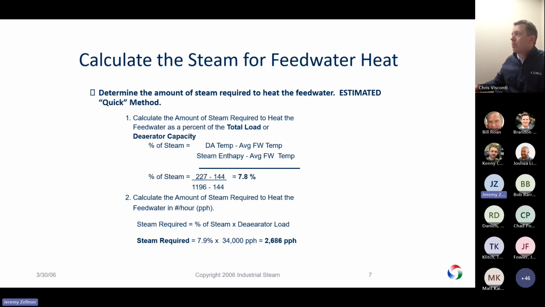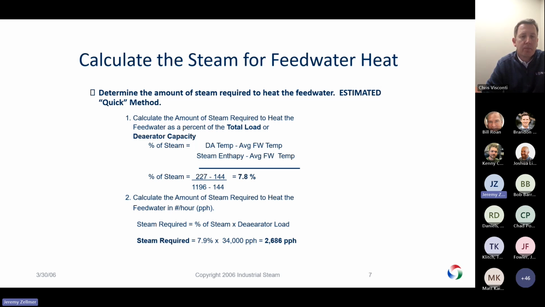So calculate the steam for feed water heat. The third step, determining the capacity of the boilers required for the project, is to estimate the amount of steam which is required to heat the feed water, and this is the total boiler capacity required. 1, calculate the total energy, the enthalpy, required by the feed water at the discharge temperature and maximum flow rate for the deaerator. 2, calculate the energy in each of the sources of feed water based on the condition at which they enter the deaerator.